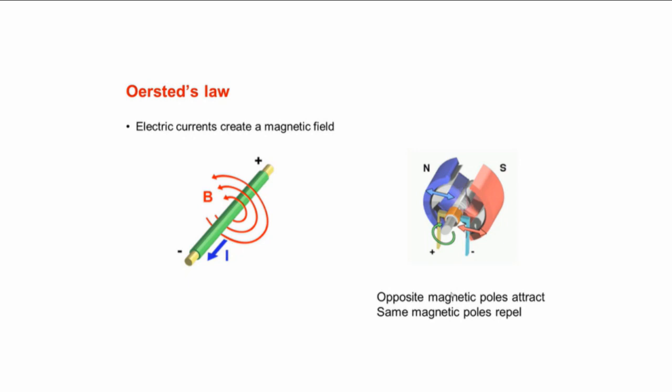It's good because, for example, on this website, it's just a simple reminder slide. You can see electric currents create a magnetic field. We have a wire, we have a B magnetic field, we can generate current. This is important.